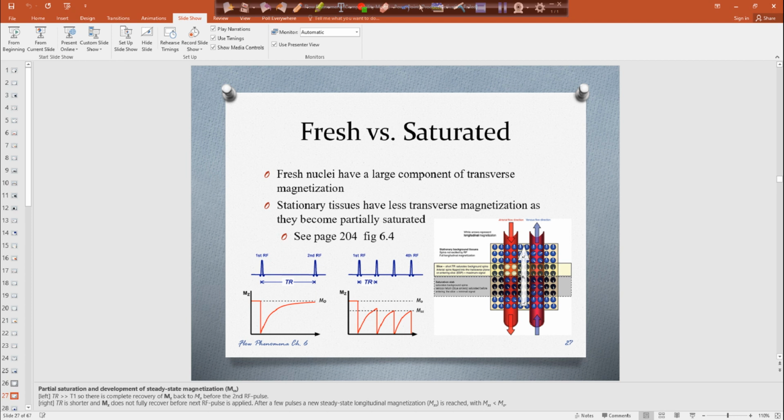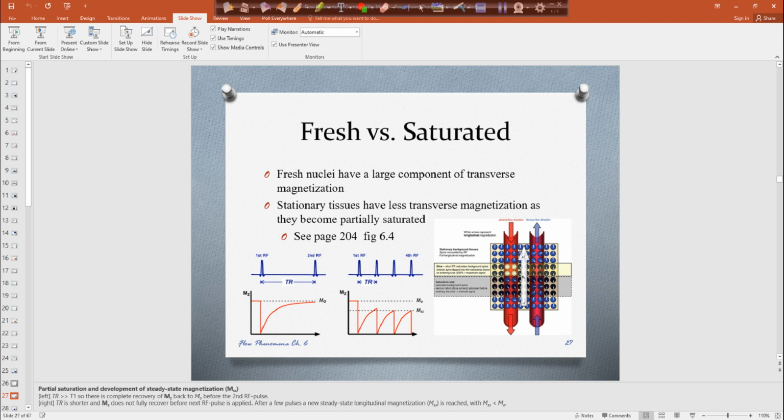So this is just showing fresh versus saturated. Fresh meaning you have a large component of that vector. So let's imagine it is a 90-degree flip angle. You flip that entire vector into the transverse plane, you have a large component of that vector. So that means more signal.